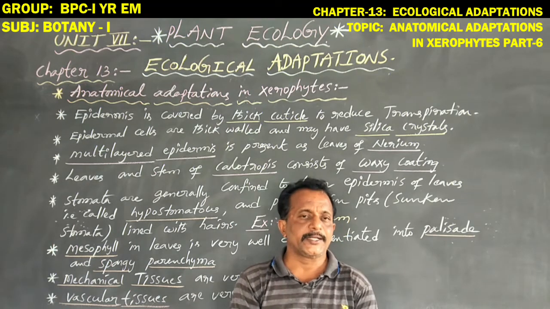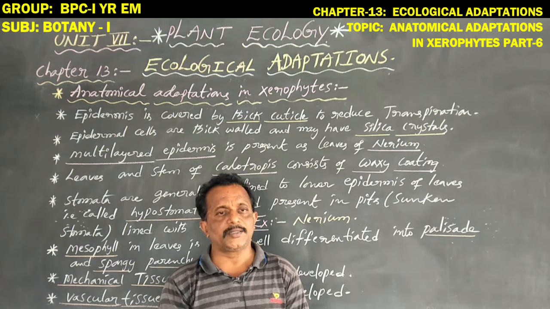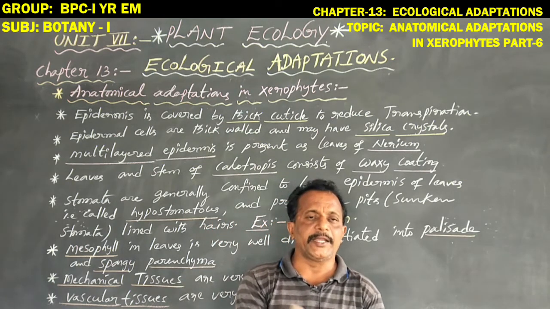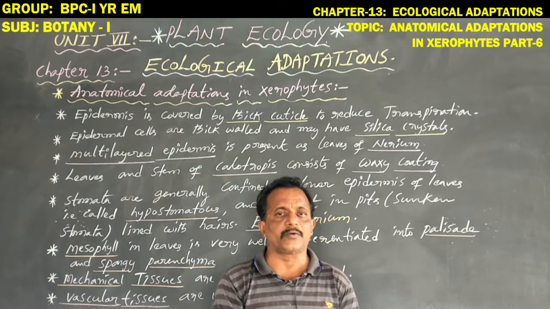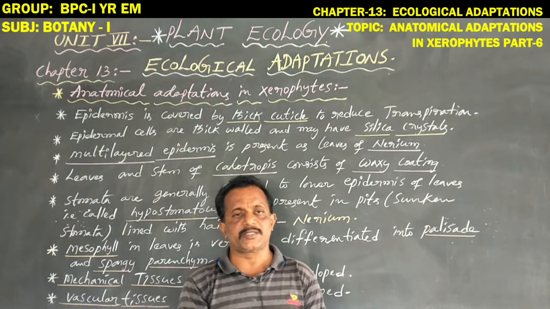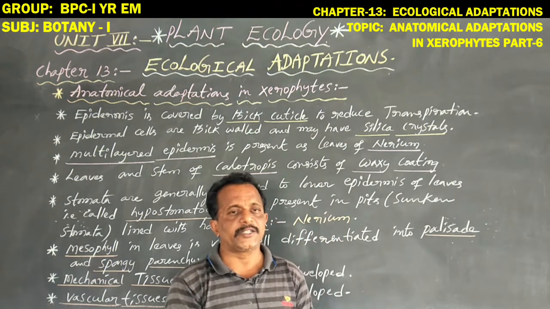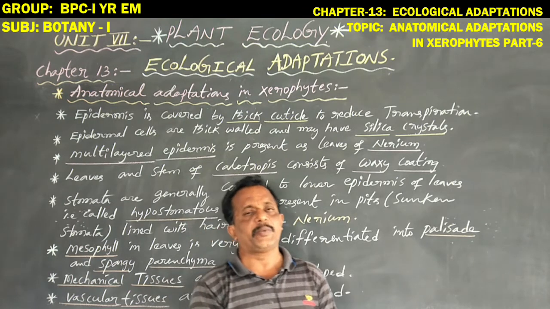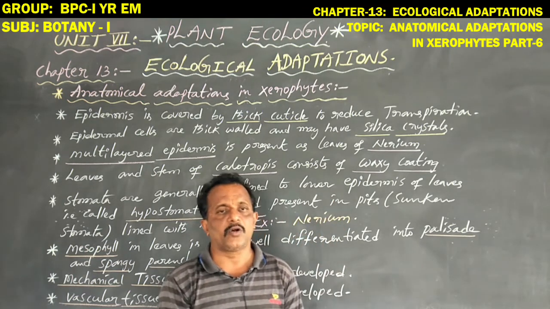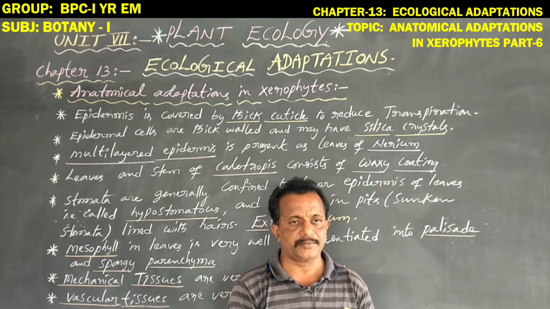Dear students, in any higher plants, lower plants, or hydrophytic or aquatic plants, the roots, stems and leaves consist of mainly three parts, namely epidermis, cortex, and stele or vascular bundles.